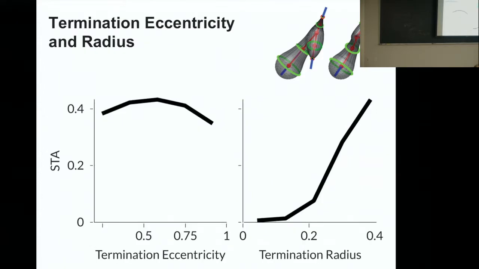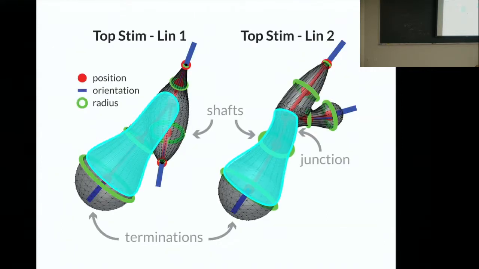And then the last really relevant thing that comes out of this is tuning for termination radius. So low responses when radius was small, high responses when radius was large, which reflects the bulbous nature of these terminations.